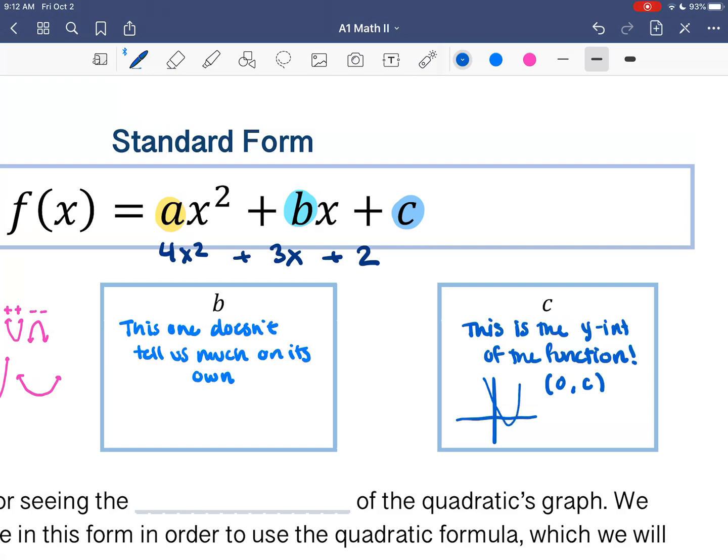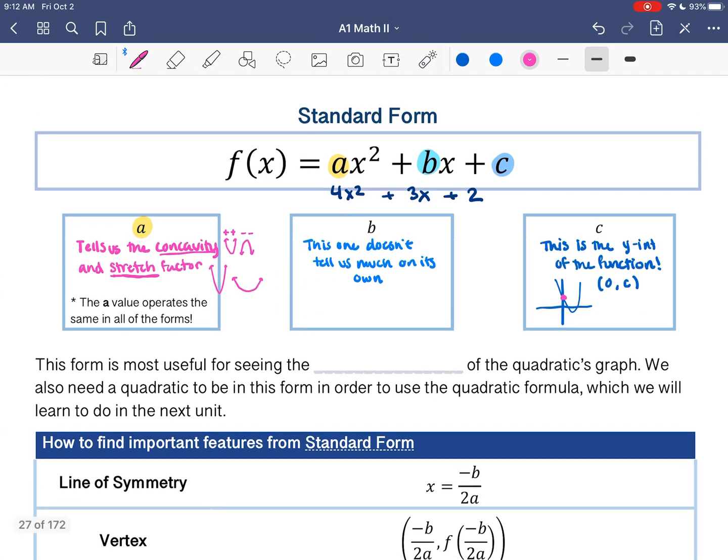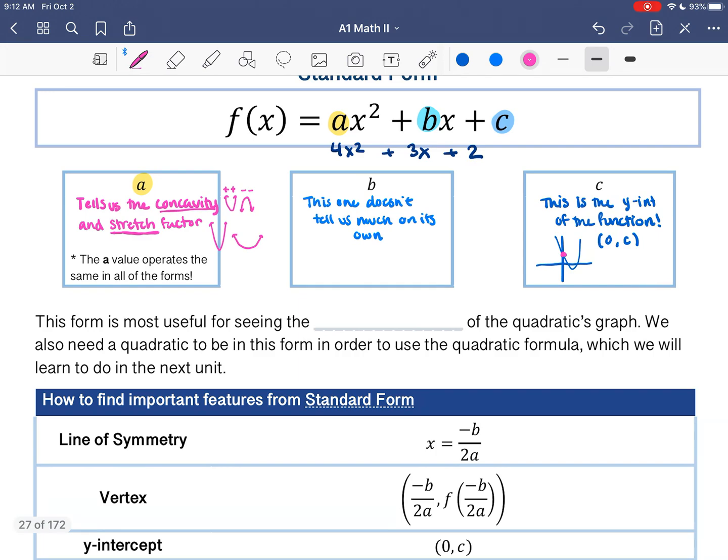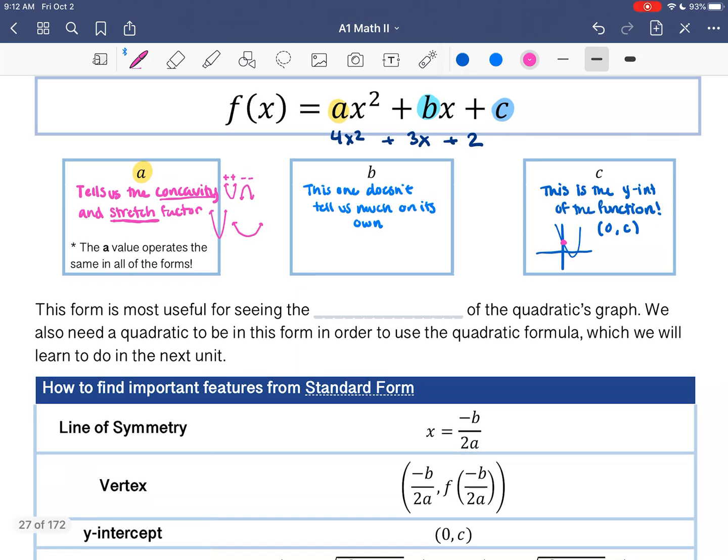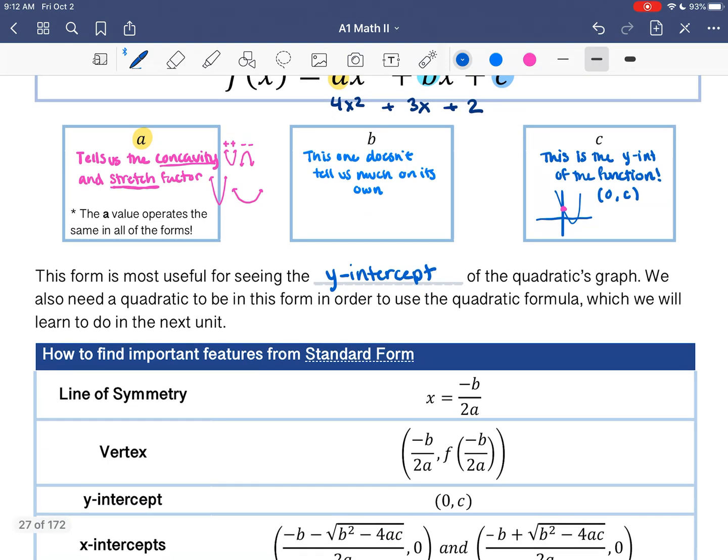This tells us exactly where the parabola crosses the y-axis. That's kind of cool, super easy to tell. And that, in fact, is the most useful thing about the standard form of parabolas, that it tells us the y-intercept, because it's just right there on the end.